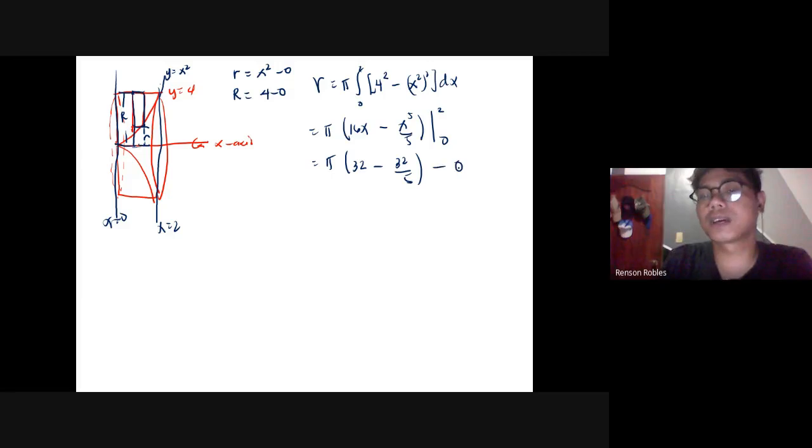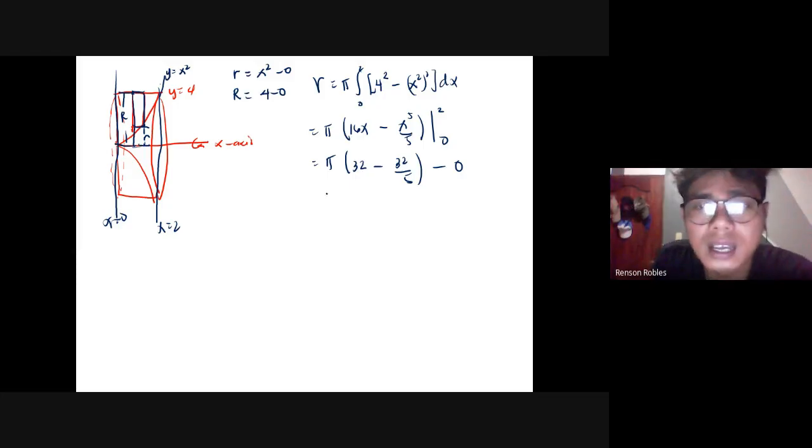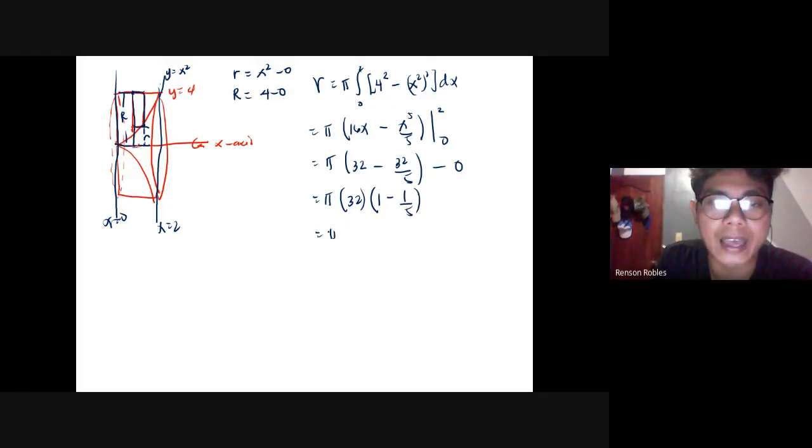And then the rest will become 0. Okay. And then you have pi. Then factor natin yung 32 para madaling mag-add. 1 minus 1 over 5. So you have pi times 32 times 1 minus 1 over 5, that's 4 over 5. Am I right?